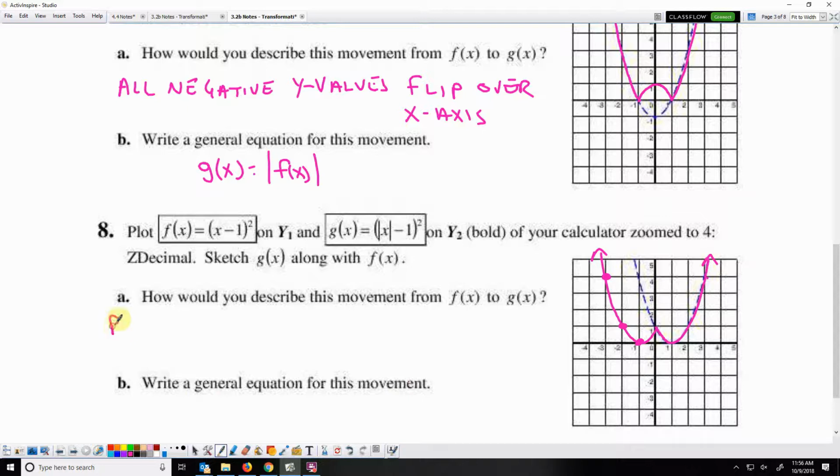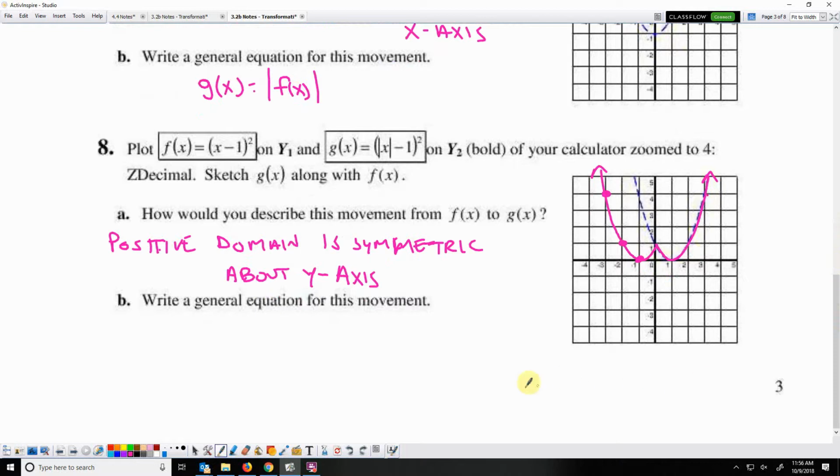Okay, so the positive domain is symmetric about the y-axis. So the positive domain stays and it reflects over the y-axis. And a general equation for this is g of x equals f of the absolute value of x.